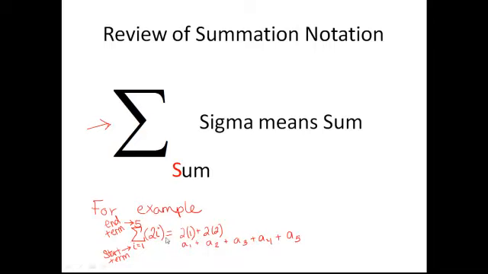And we're going to stop at the fifth term because that's what this indicates for us to do. And then what would be my term 3? Well, this is once again the equation that generates those terms, so it would be 2 times 3. So this in all is what our sigma notation is telling us to do.